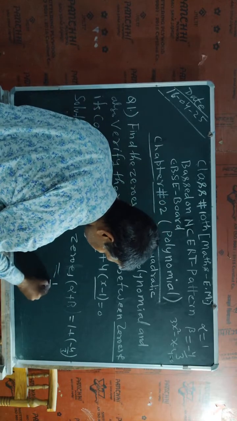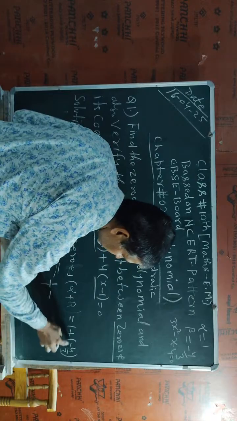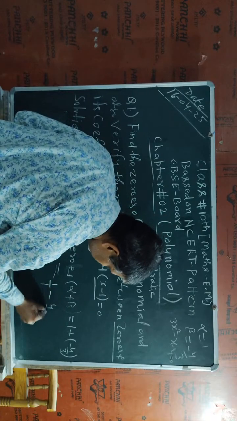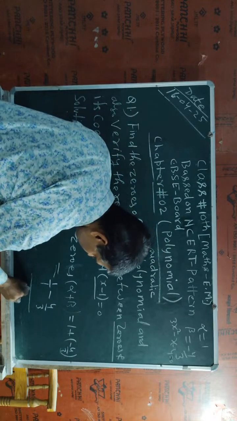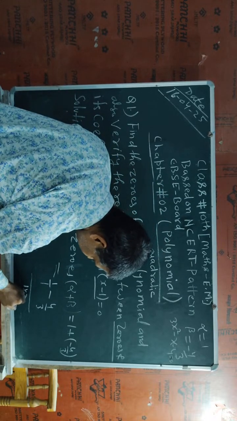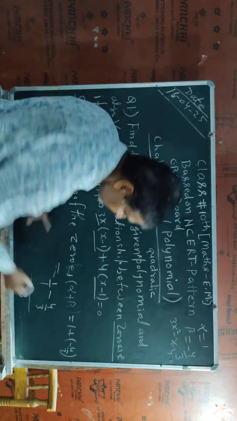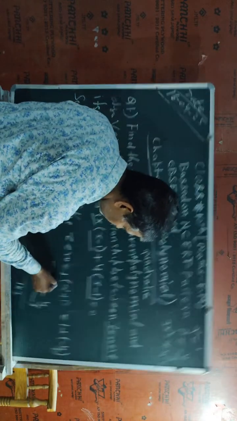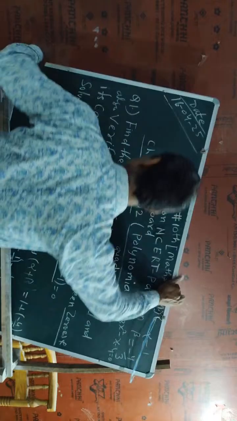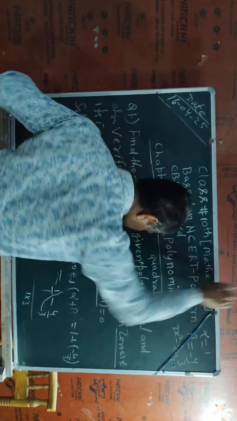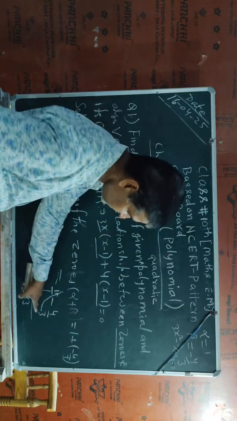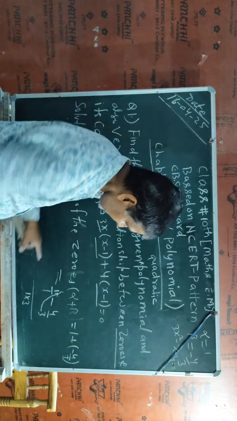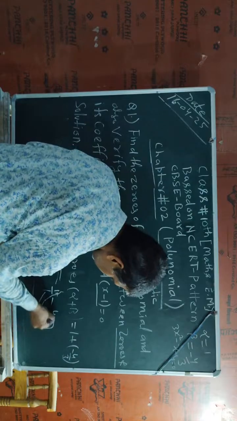I will write 1 divided by 1, and this plus and minus will become minus, divided by 3. So I will take the LCM of 1 and 3. I will multiply this 3 with 1 and also this 1 with this number.